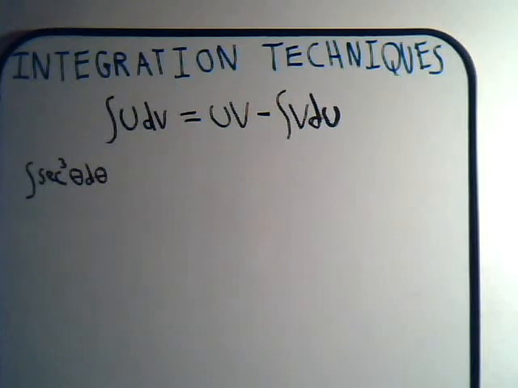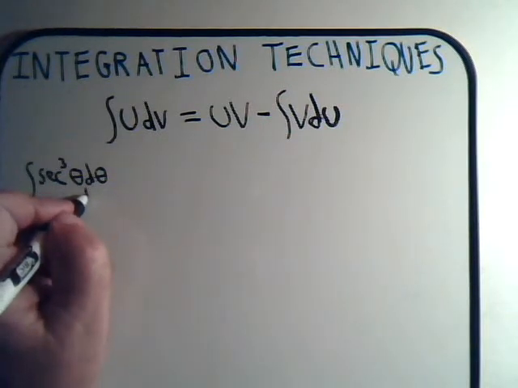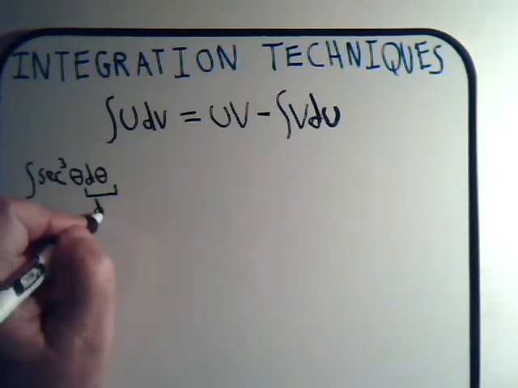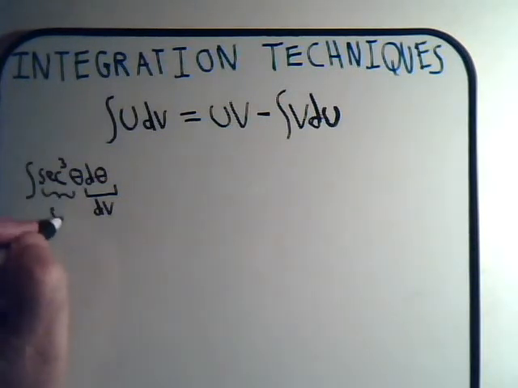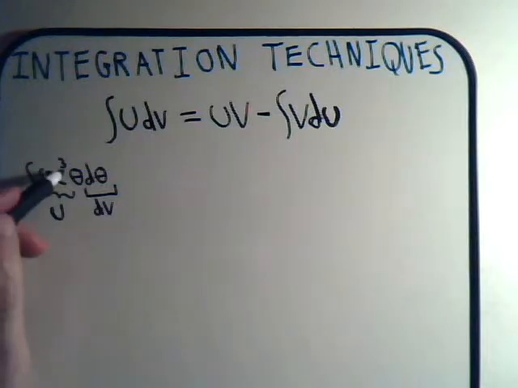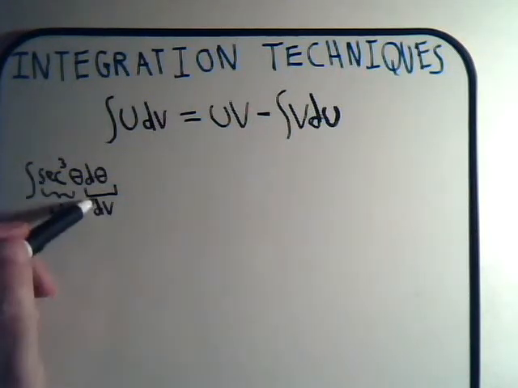Now, it might be tempting to say, well, what happens if we just call this dv? If we do that, then of course we have to call this u, which means we have to differentiate that. It's not a problem, we can do that easily. And this we can integrate easily to get v.